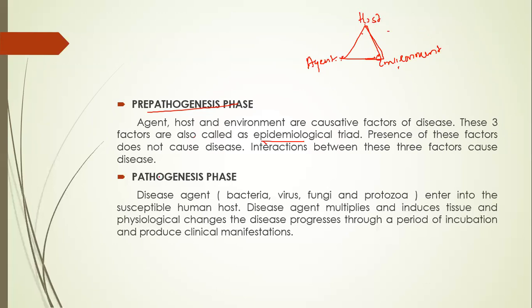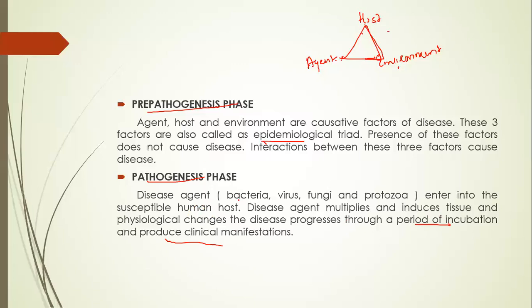Then the pathogenesis phase means a disease agent like bacteria, virus, fungi, or protozoa enters a susceptible human host. The disease agent multiplies and induces tissue and physiological changes. The disease progresses through a period of incubation and produces clinical manifestations. Any one of these microorganisms can enter a person's body, and they are capable of producing infection only when the immunity of the host is limited.